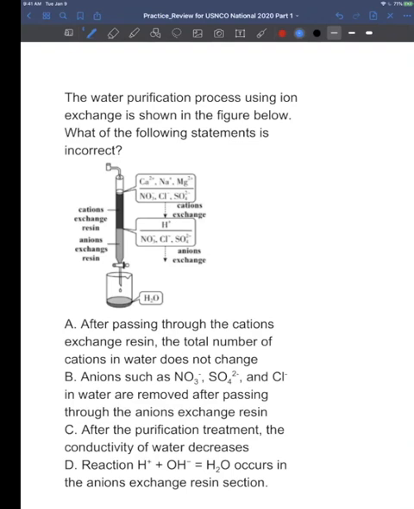So the general idea is the cations in the water will be replaced by H+, and the anions in the water will be replaced by hydroxide, right? Okay, now stop here.